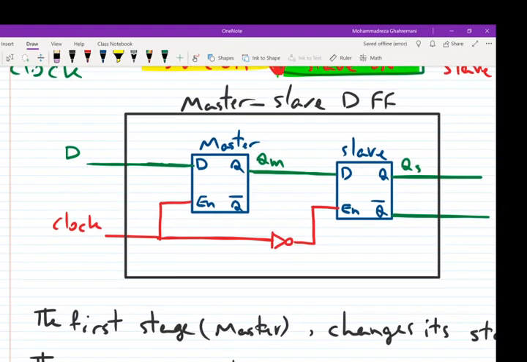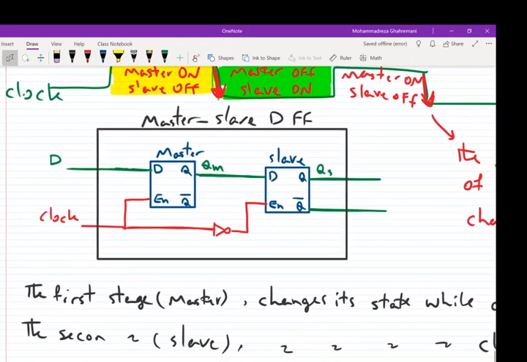We can do that by adding another inverter here. Then this flip-flop will be positive edge sensitive. If we have no inverter here, this circuit is negative edge sensitive.